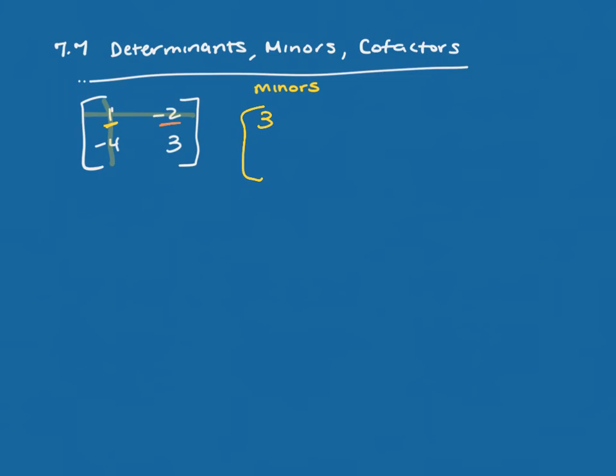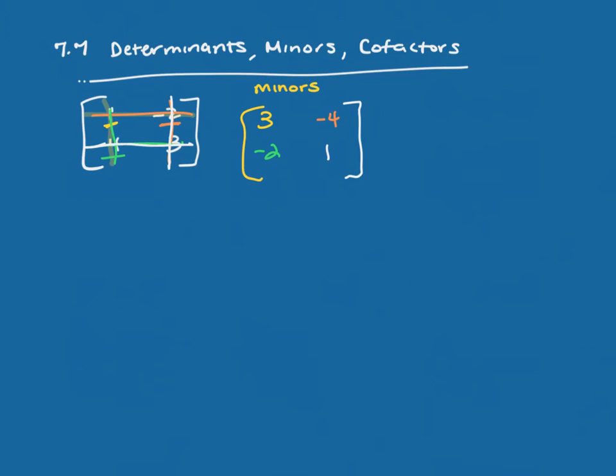If I want to find the row 1, column 2, then I cross through that row, that column, and what's left is the minor. Go to the -4, cross through the row, the column, and -2 is left. Go to 3, cross through the column and the row that it's in, and 1 is what's left. That's the minor of a 2 by 2.